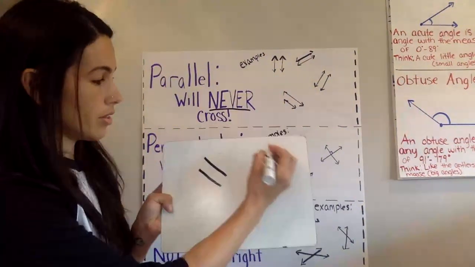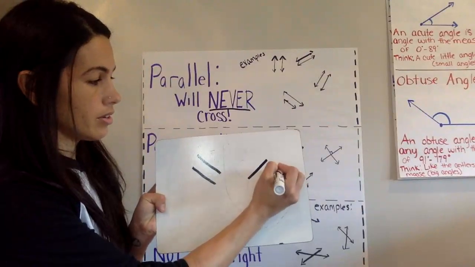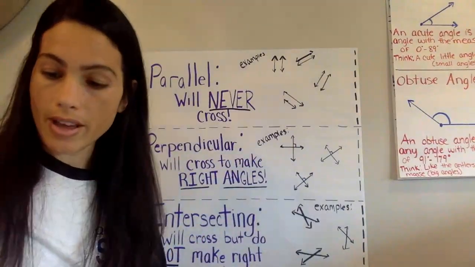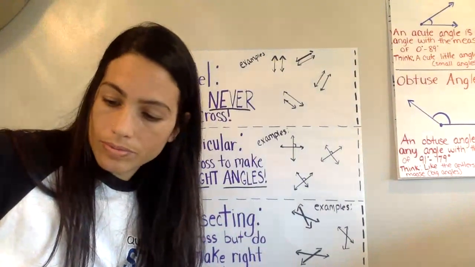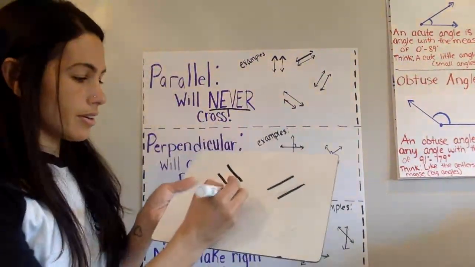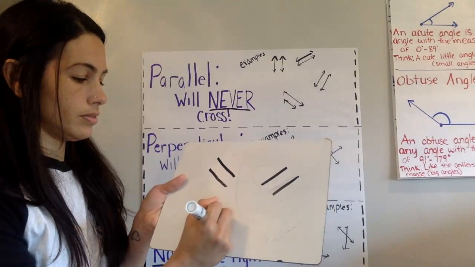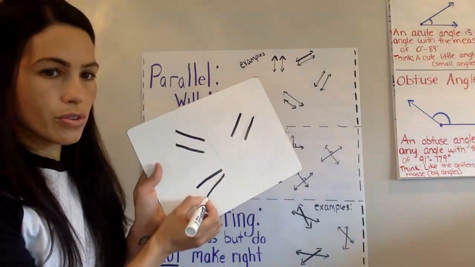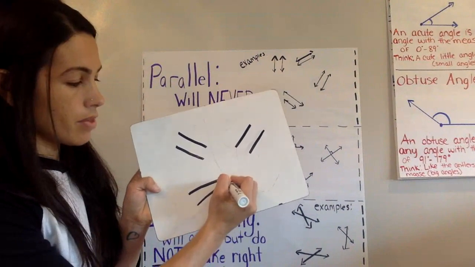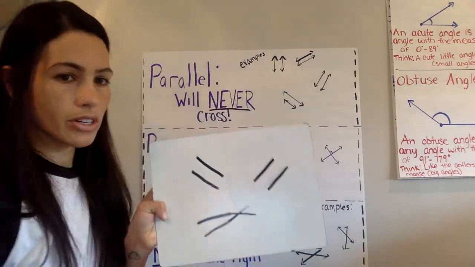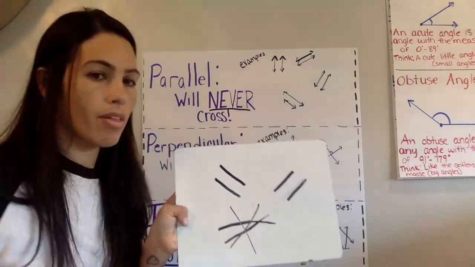So there. Oh, my line. See, that would not be one. There. But if I was to draw these two lines, if I continued on with them, they would eventually cross, so that would not be parallel lines.